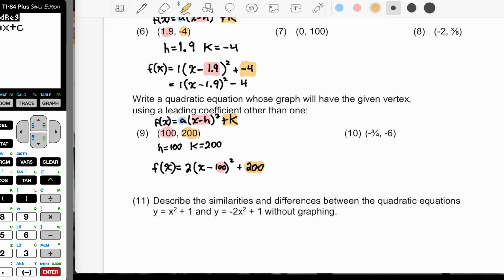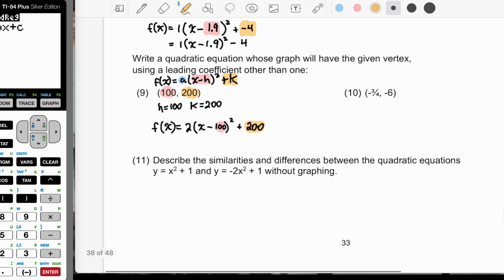So looking at number 11 real quick, all the other problems are just kind of redundant. But it's saying describe the similarities and differences between the two equations. Well, the first thing that I would do for something like this is write each one in the vertex form.